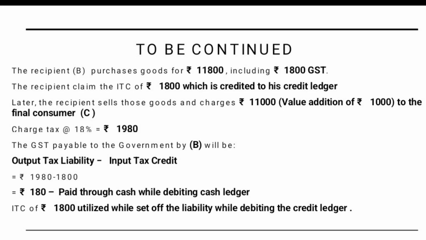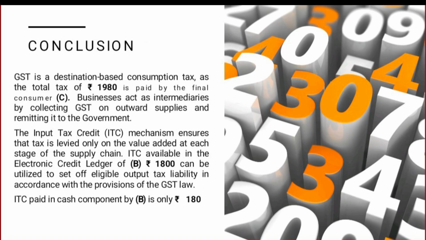So the conclusion is that GST is a destination based consumption tax, as the total tax of 1980 is paid by the final consumer, C.